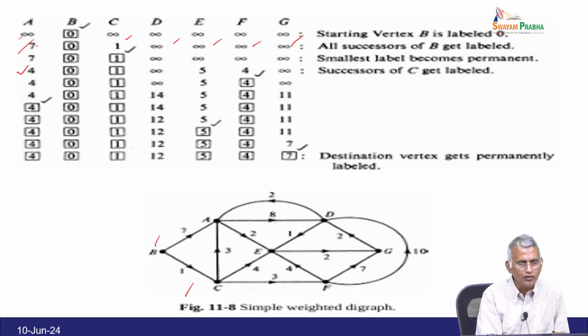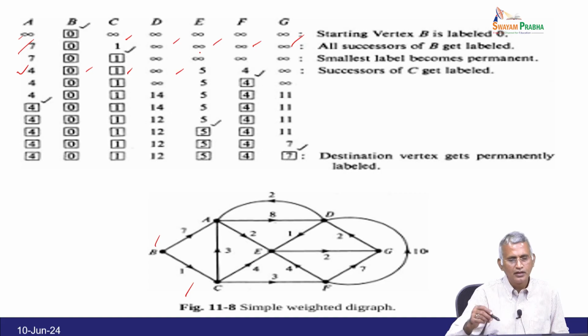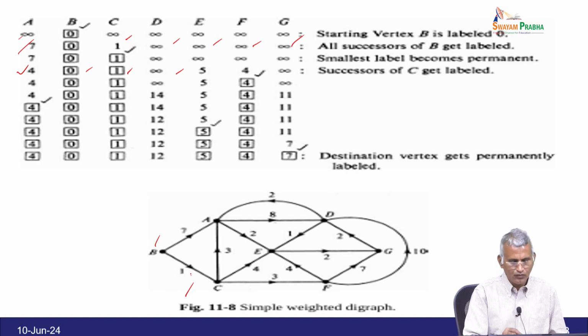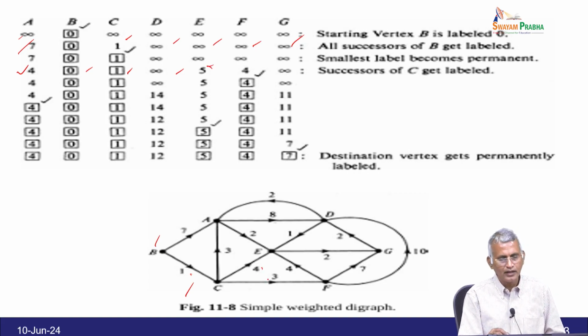So the minimum is 4, and then 0 and 1 as usual. Then connected with C to E, 4 plus 1 is 5. Next connected with C to F, which is already 1 plus 3, and the minimum is 4, and the rest are infinity.